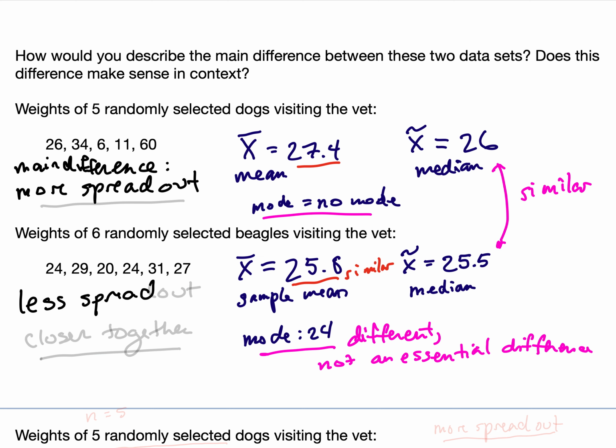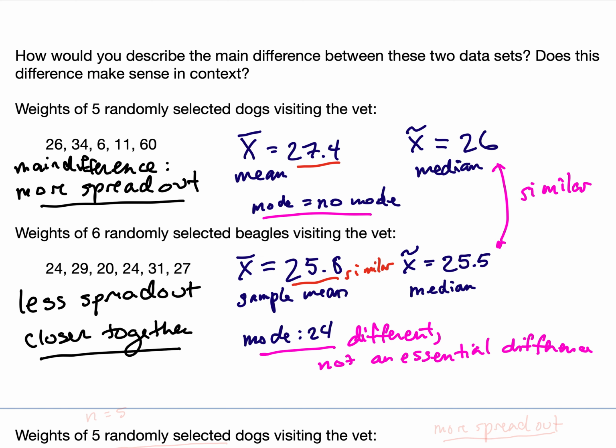These data values are closer together. There's less difference between the data values 20, 24, 24, 29, 30, 27, 31 than there is between these data values. So these data values are more spread out, farther apart, and these data values are less spread out.